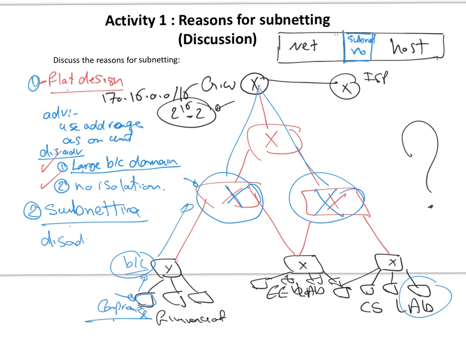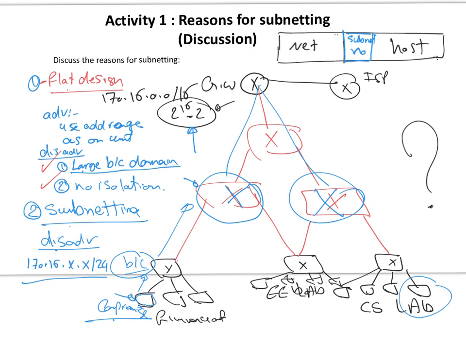The only disadvantage is that now I have to subdivide this big range into smaller ranges. So instead of having 170.16.0.0/16, the network planner will divide this into 170.16.anything/24.